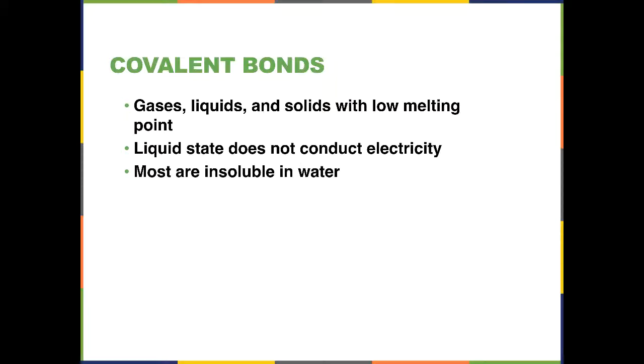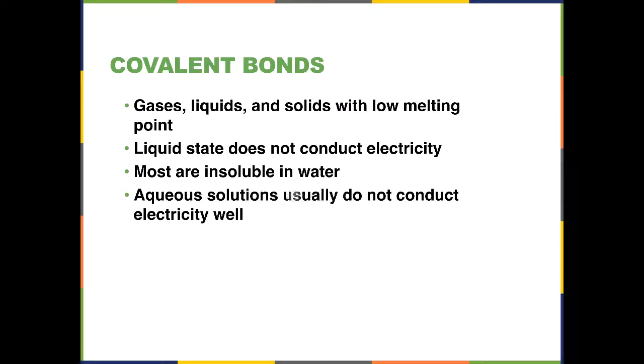Most of these are insoluble in water. If they're very polar substances, they can dissolve in a polar solvent. But in general, substances made out of covalent bonding are not soluble in water or other polar solvents. The solutions of these substances also do not conduct electricity.